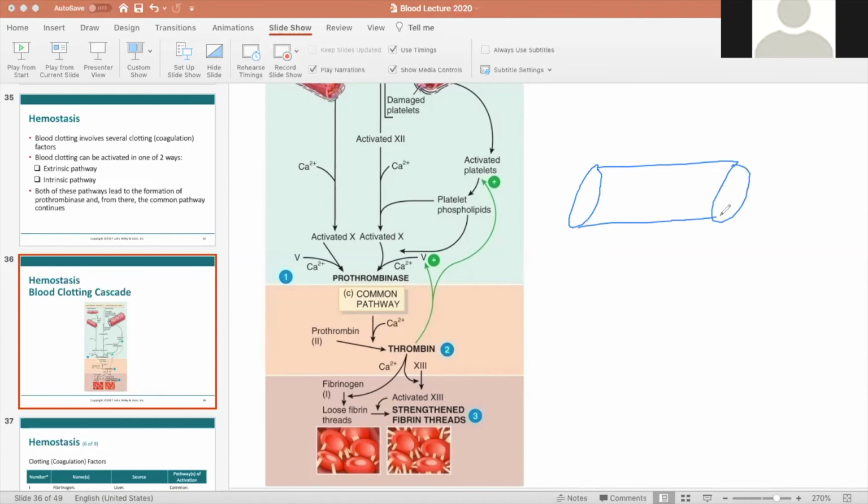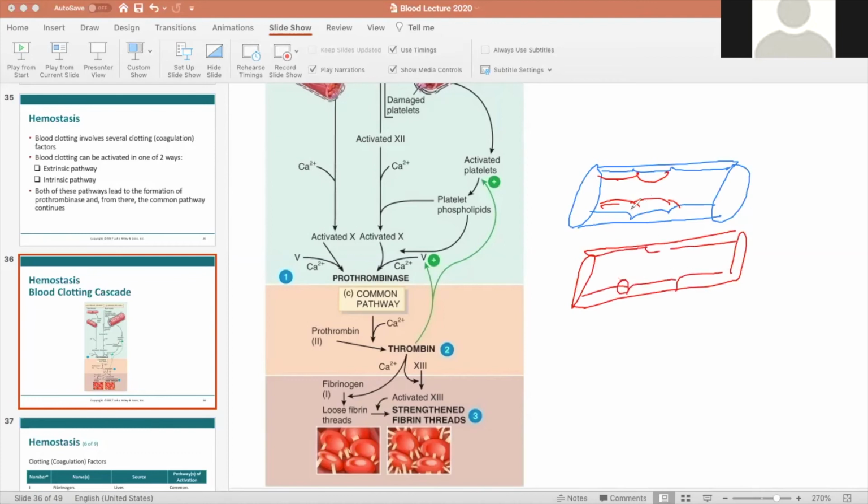All right. So if we are looking at this, we had our capillary here, all right? And within the capillary, we had the vascular spasm, and then we had the platelet plug. So let's make sure that we have a good understanding. The first thing here, we have vascular spasm, right? And then the second thing is that platelets are going to aggregate to the injured area.